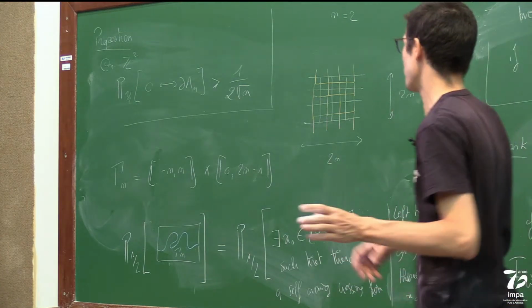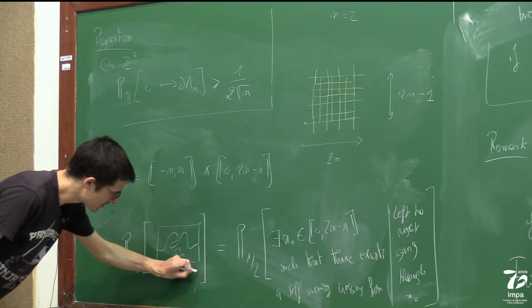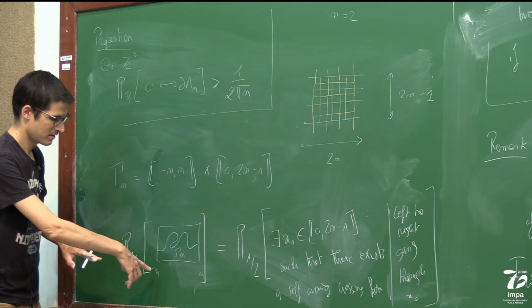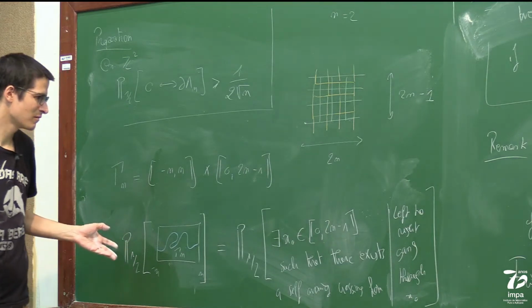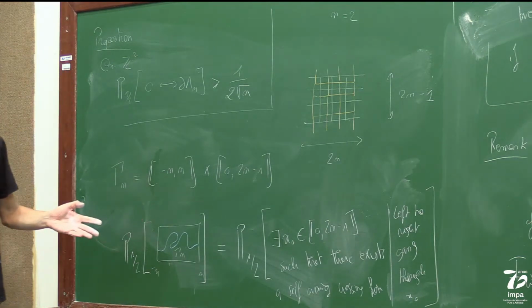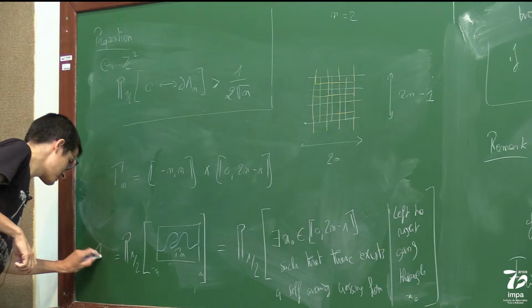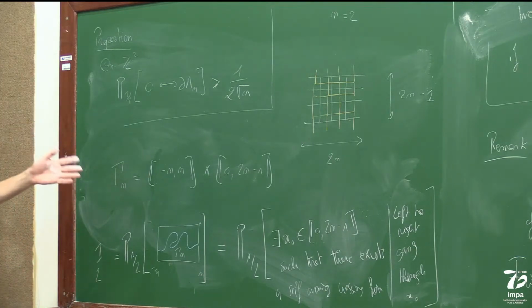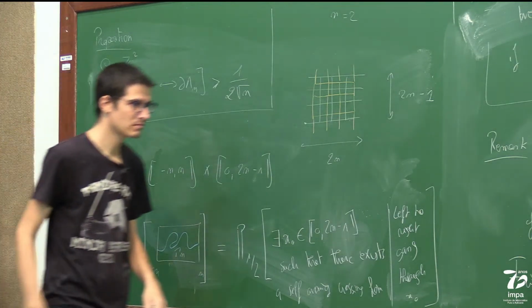Remember, on the abscissa, 0 is the middle point. What I'm saying is that this path must go somewhere in the middle. So the event that there exists a crossing from left to right is the same thing as saying that there exists a crossing from left to right and that it uses some point in the middle segment.